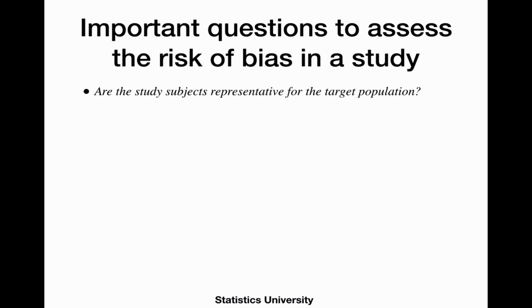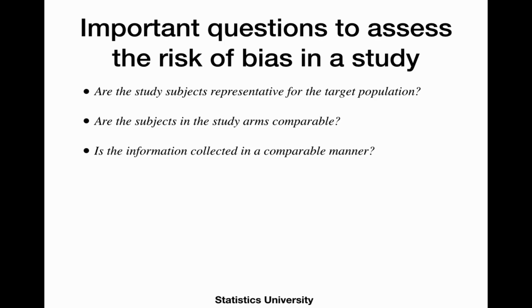Are the study subjects representative for the target population, since this tells us whether selection bias can be present? Are the subjects in the study arms comparable? If not, then there's a risk of confounding. Is the information collected in a comparable manner? If not, then information bias may be present.